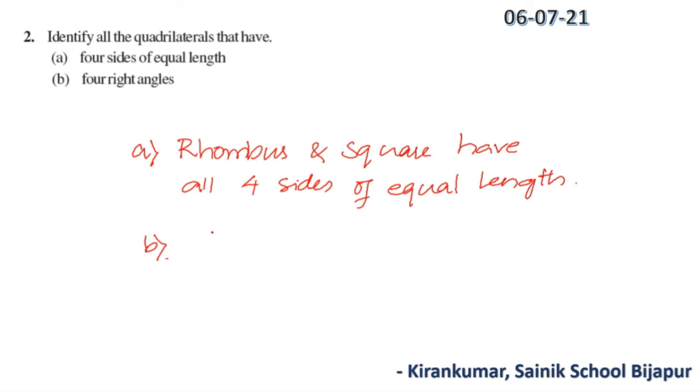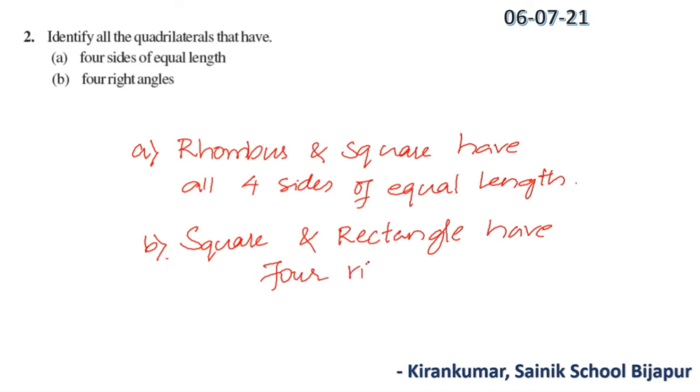Four right angles. The 4 right angles are present in case of a square as well as a rectangle. Square and rectangle have 4 right angles.